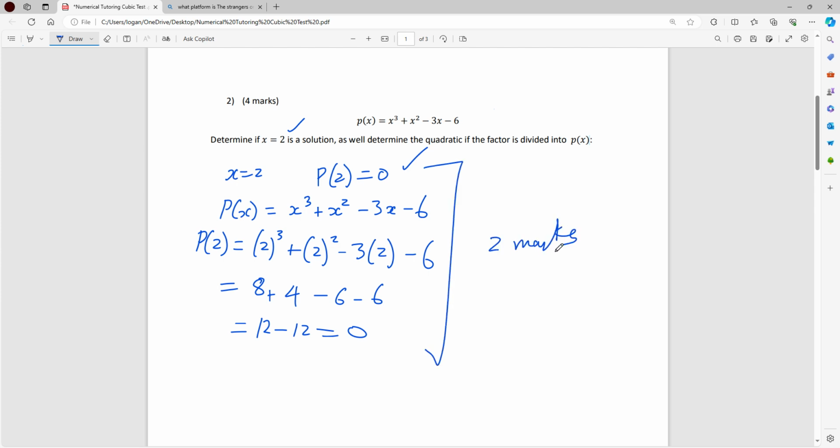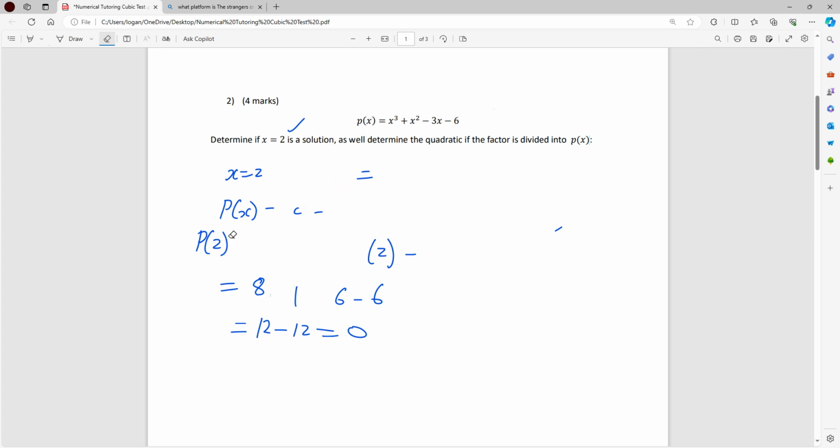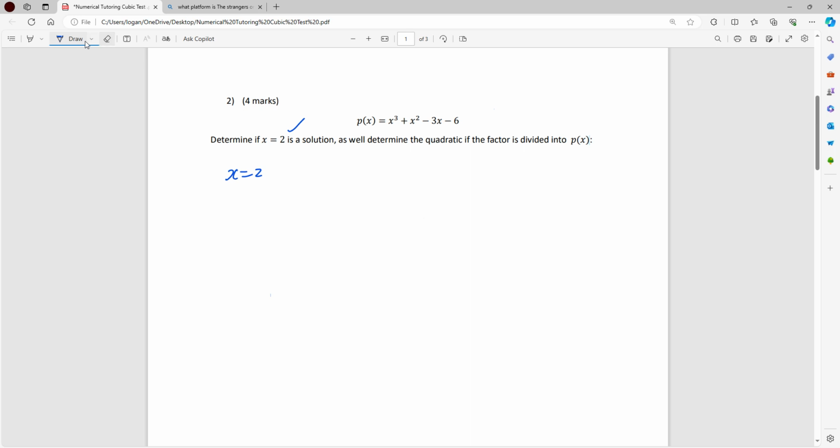Now the second bit is worth a bit more because you have to work out what the quadratic is once you put the factor in, okay? So let's get rid of this. So if x equals 2 is a solution of P of x, then x minus 2 is a factor of P of x.